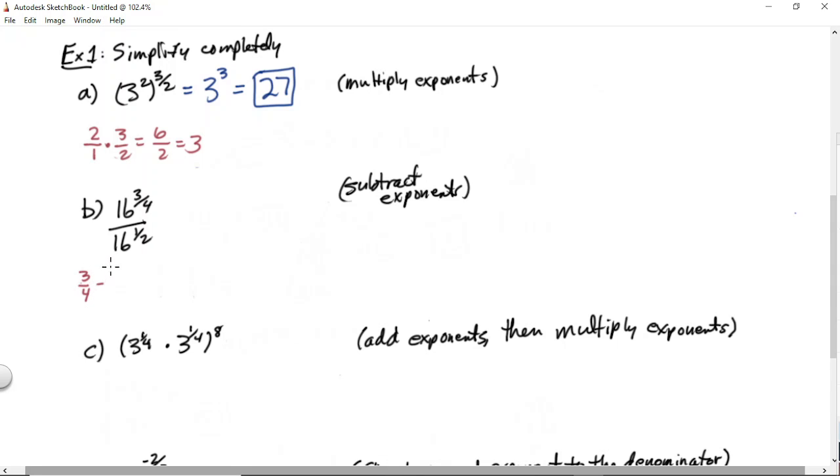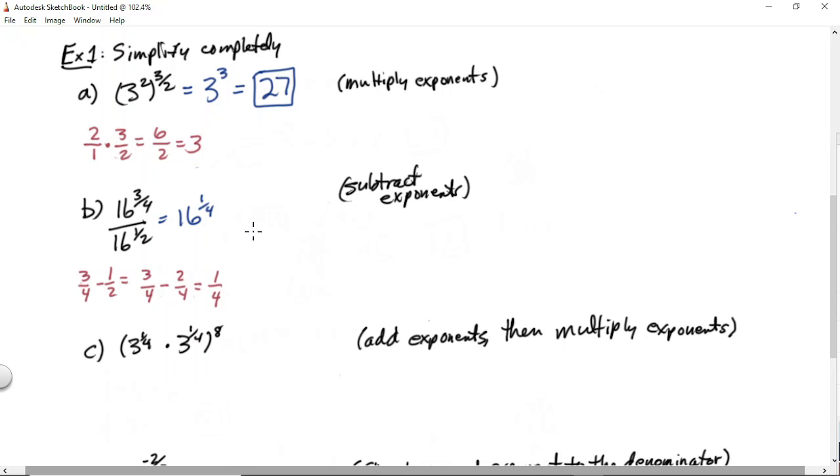3/4 minus 1/2. Okay, so we'll get the common denominator first. To subtract, you need a common denominator. So we rewrite 1/2 as 2 over 4, 2/4. Subtract, you get 1/4. So that's our exponent that we apply to the base. So the base is 16. The exponent we just found was the 1/4.